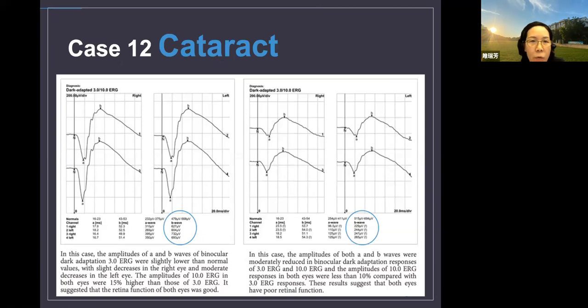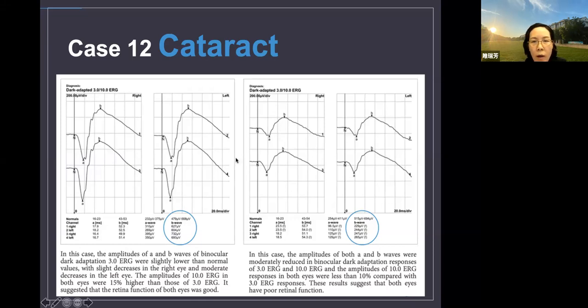I have mentioned before, sometimes we think cataract is easy and we can just do the surgery. We do not need any functional assessment, but to avoid any misunderstanding by the patient, we sometimes need to do a prognosis evaluation.